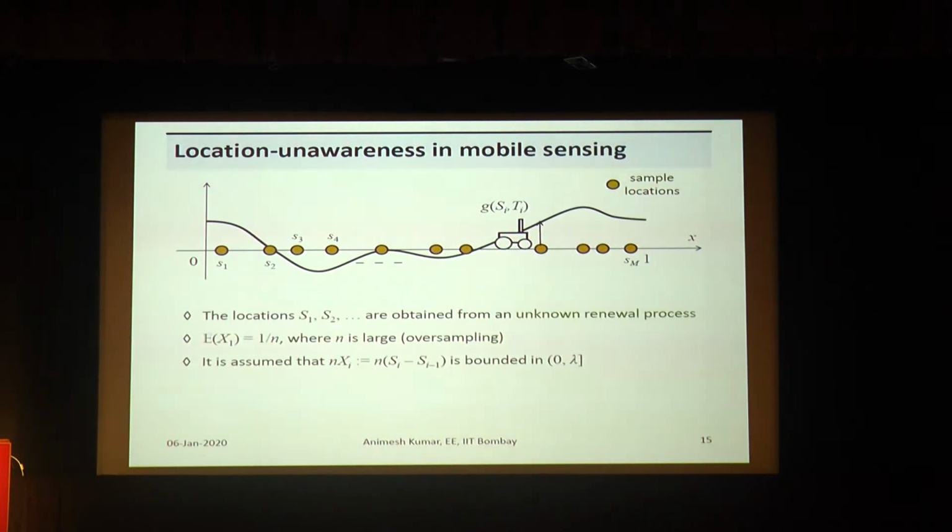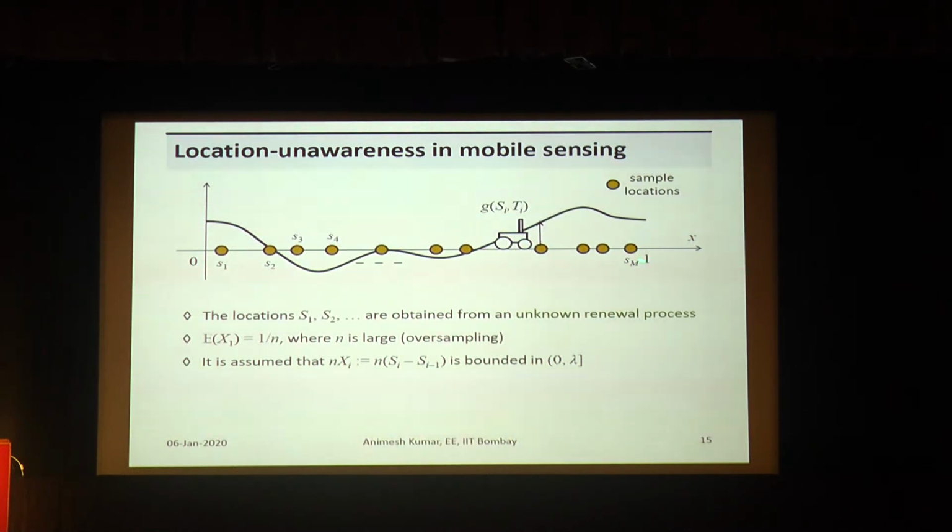And how do we capture oversampling? We assume that the average intersample distance is exactly equal to 1 by n, where n can be thought of as an oversampling parameter, because the length of the path that we are considering, in a normalized sense, is equal to 1. Because of the renewal process structure, the number of samples that we end up with will typically be random.